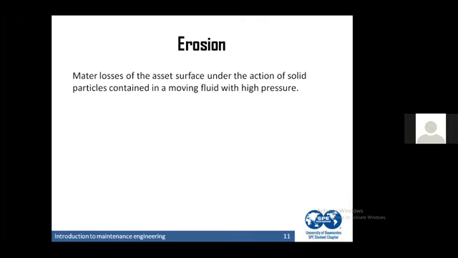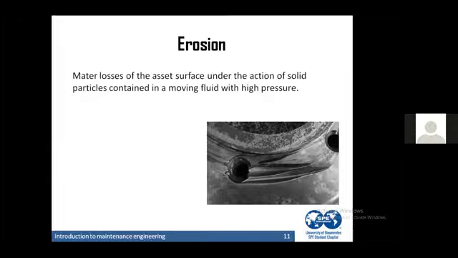This fluid, when it moves with pressure, this flange suffers from this type of wear. In industries, we have oil, we have some gases, and we have some sands inside them. So you will see a lot of erosion during your work.